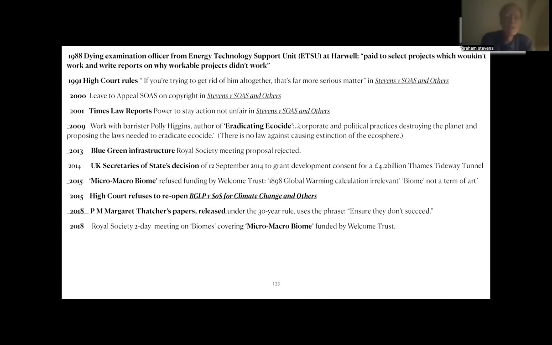I then began working with Polly Higgins, who's writing a book about the corporate and political practices destroying the planet and proposing the laws needed to eradicate ecocide. And this is the first effort, I think, to bring the law into actually stopping it. I mean, the UK is very advanced, of course, in renewable energy, and it has the Climate Change Act.